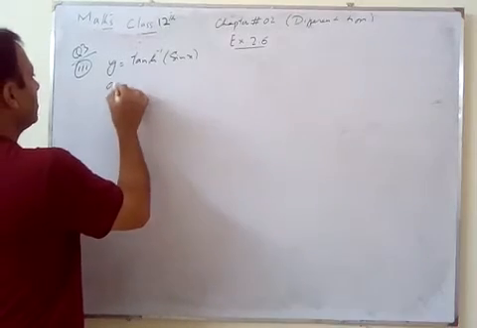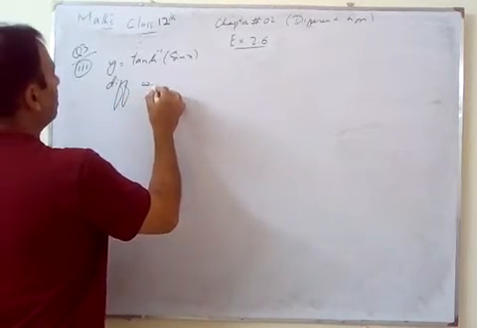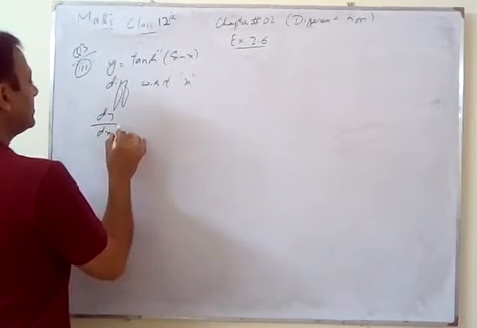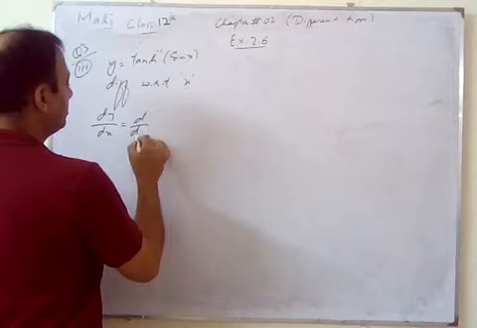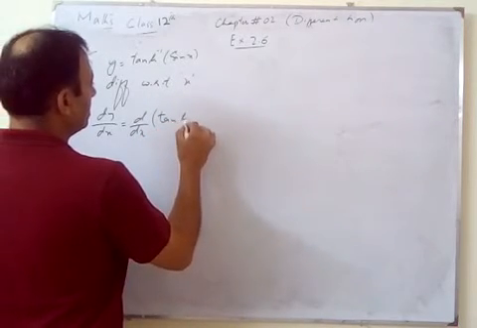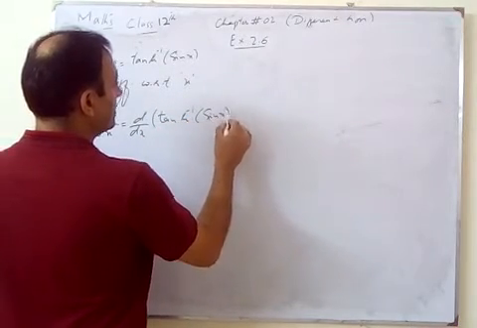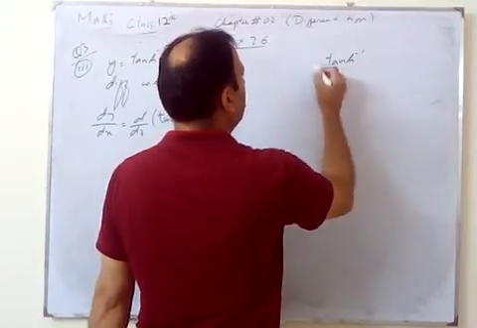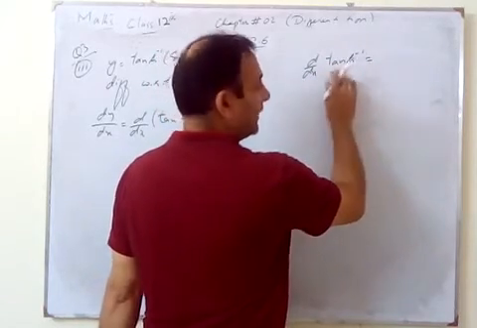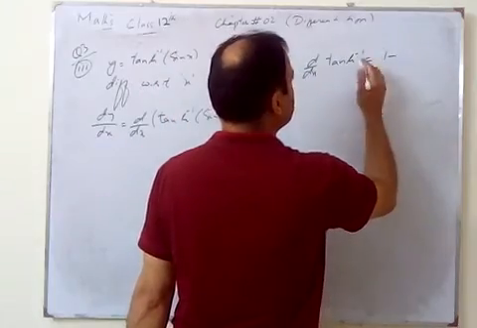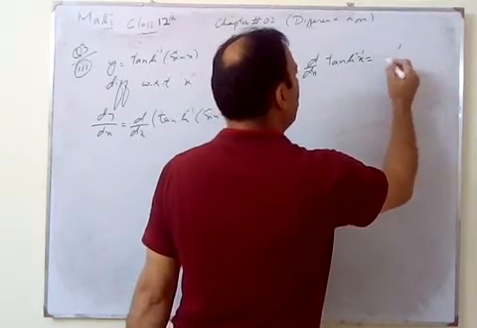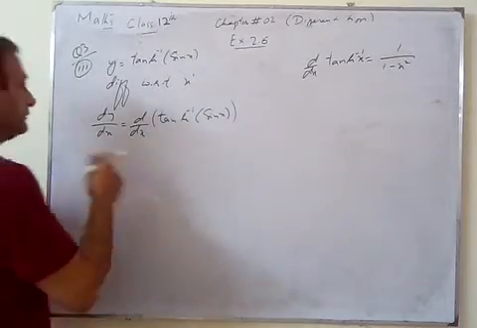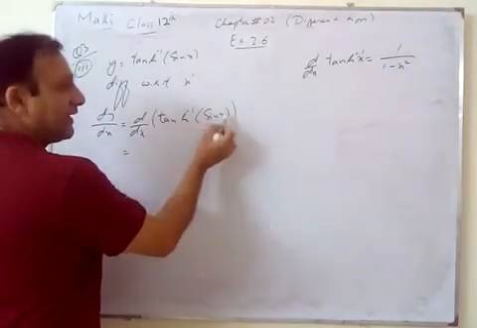So I solve as it is. Differentiate with respect to x: dy by dx is equal to the derivative of inverse tanh, which is 1 over 1 minus x square, where instead of x we have sin x.